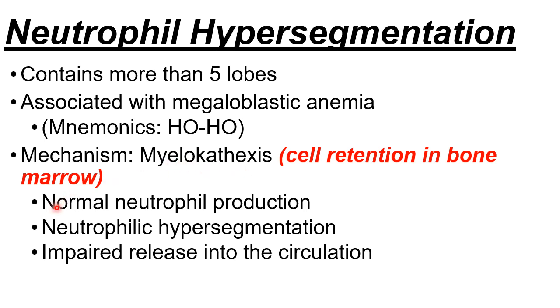So, pwedeng it can cause normal neutrophil production dahil normal naman, no? Normal naman yung number, pero hindi lang lumalabas. And kapag hindi lumalabas yung neutrophil out of the bone marrow, continuous pa rin yung segmentation of the nucleus. Kaya nagkakaroon ng hypersegmentation. So, kapag hypersegmented na, hindi na siya pwedeng lumabas out of the system due to the deranged morphology.